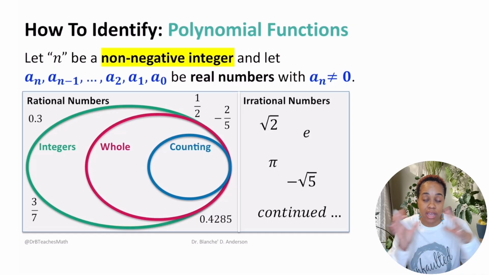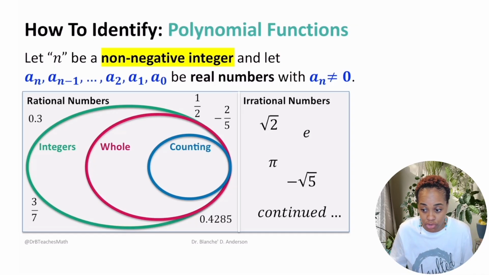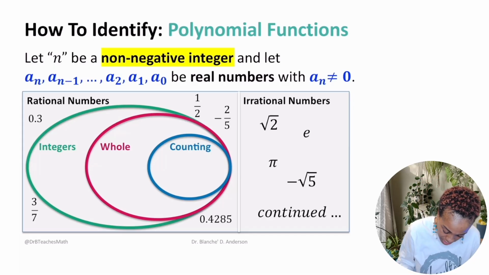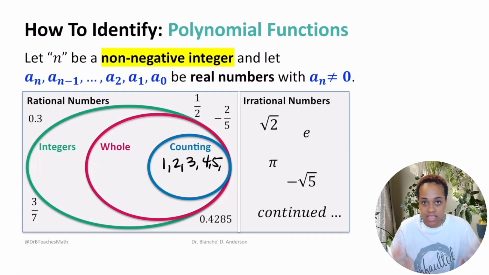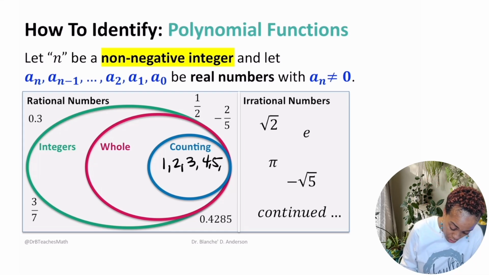Now, your rational numbers are numbers that you're used to. For example, your counting numbers, when you learn to count: 1, 2, 3, 4, 5, 6, 7. Sometimes they call them natural numbers, but they're counting numbers. And then from counting numbers, you jump to whole numbers, which are 0, 1, 2, 3, 4, 5, 6.